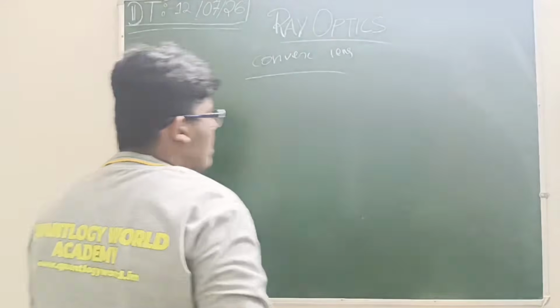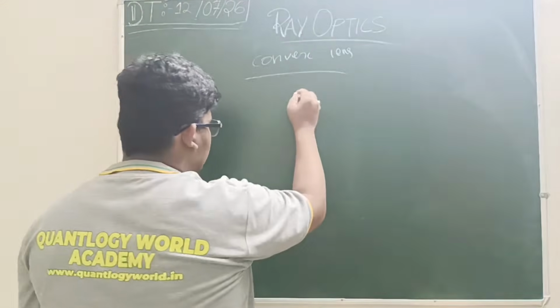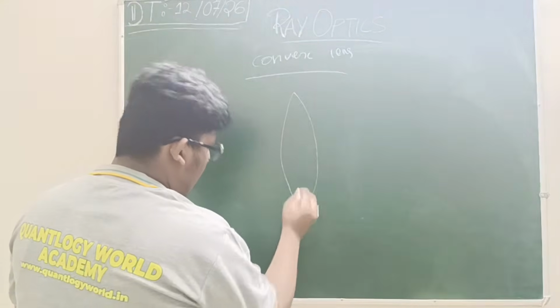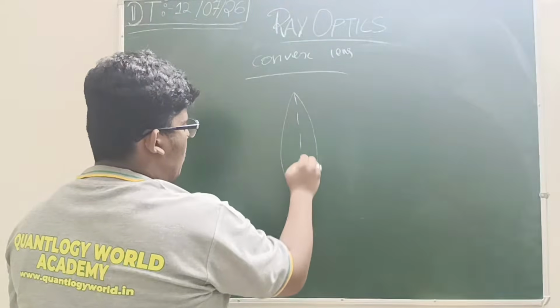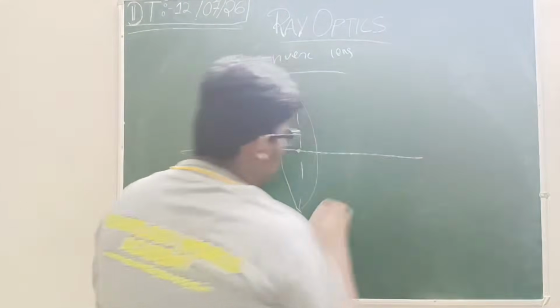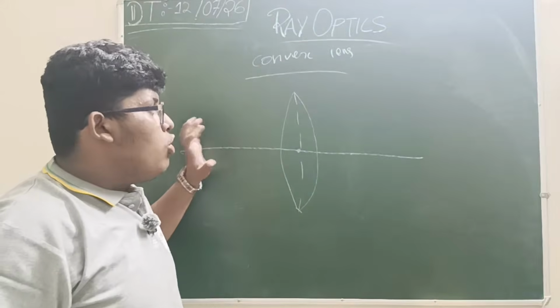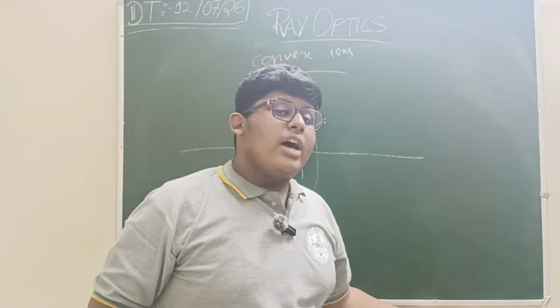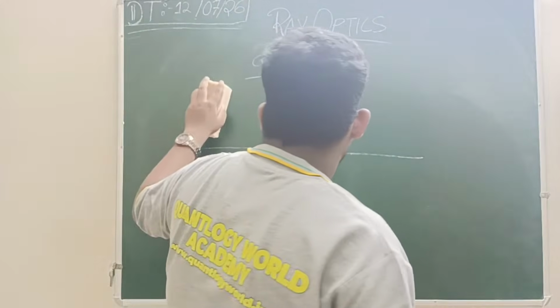Convex lens. The general diagram of convex lens is like this. This is the general diagram of convex lens. Now, convex lenses are also of three types.